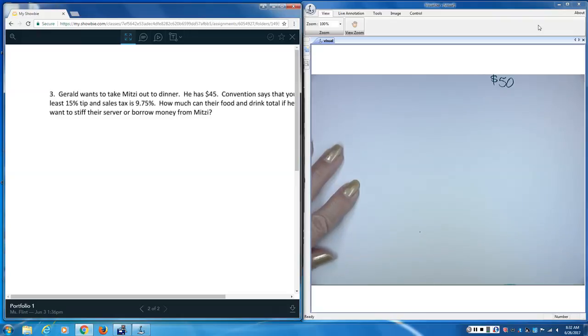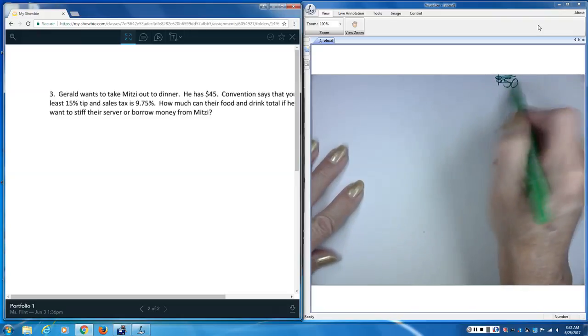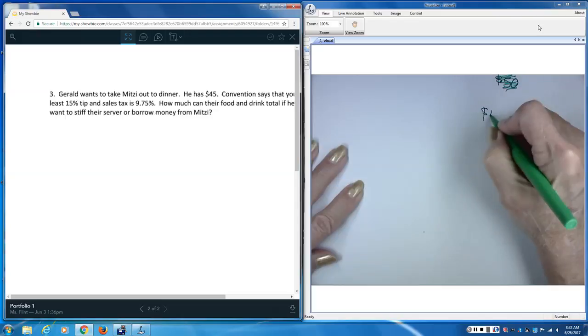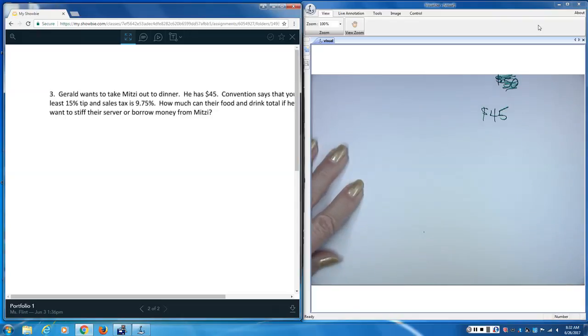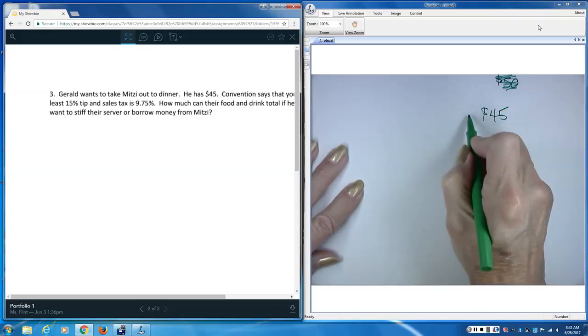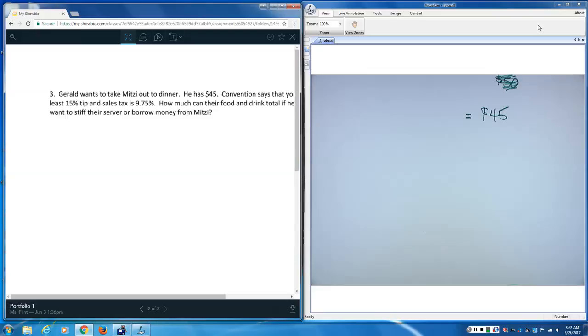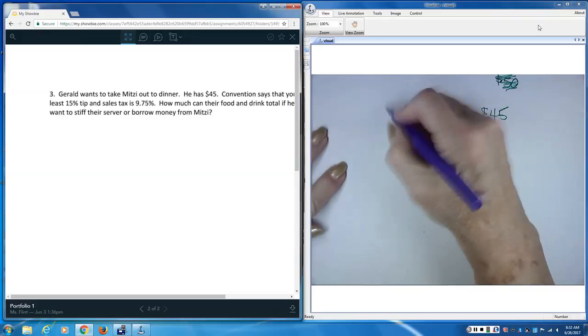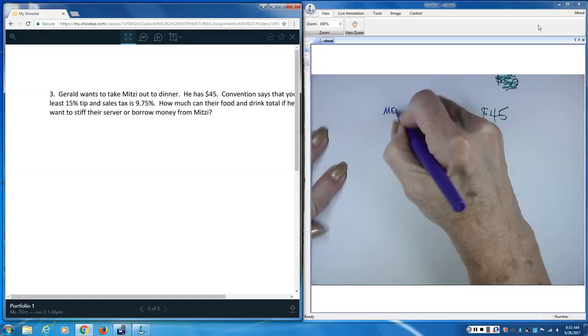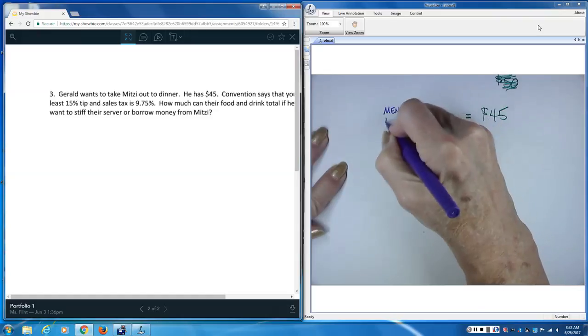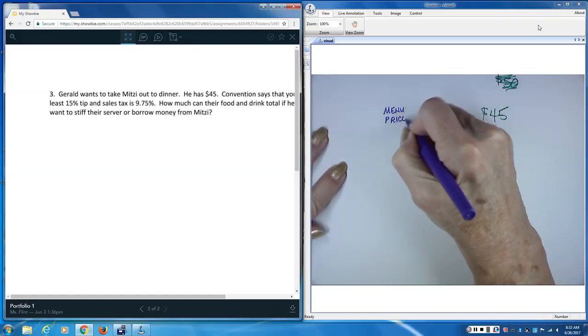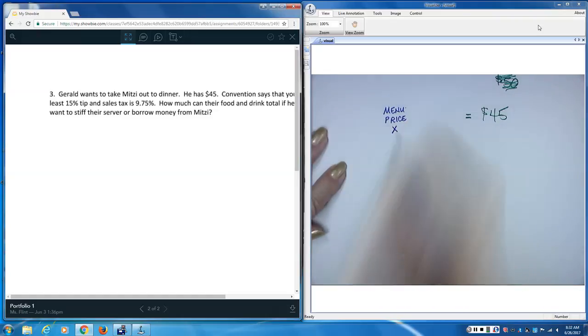Or 45, sorry. So he can't go over that. So now here's what he's got to pay. He's got to pay the menu price, which we don't know.